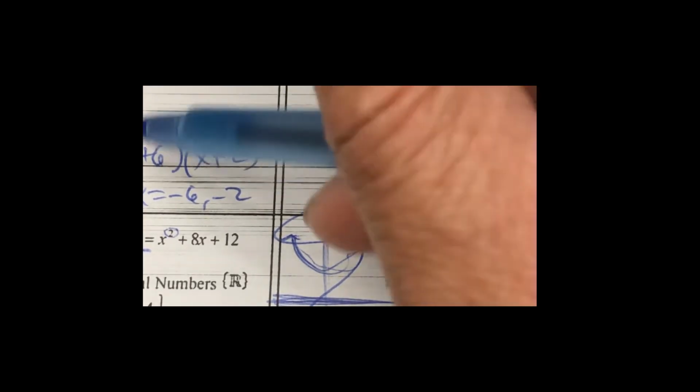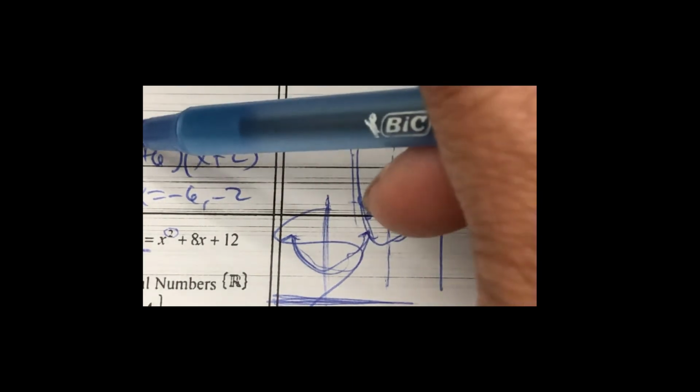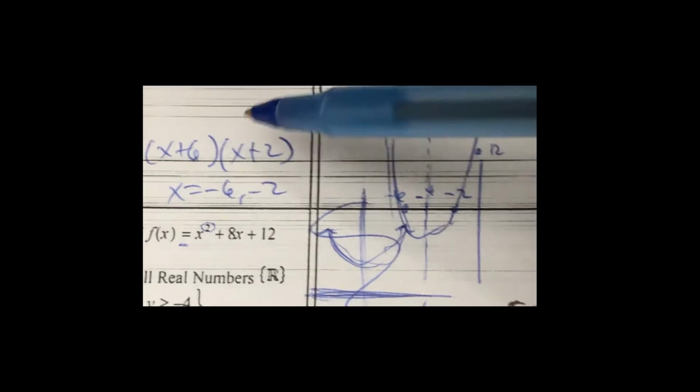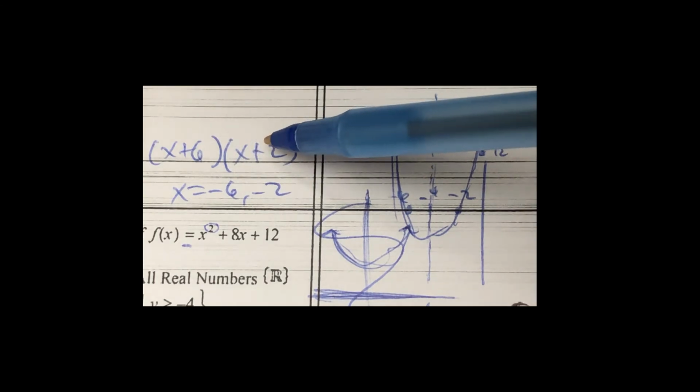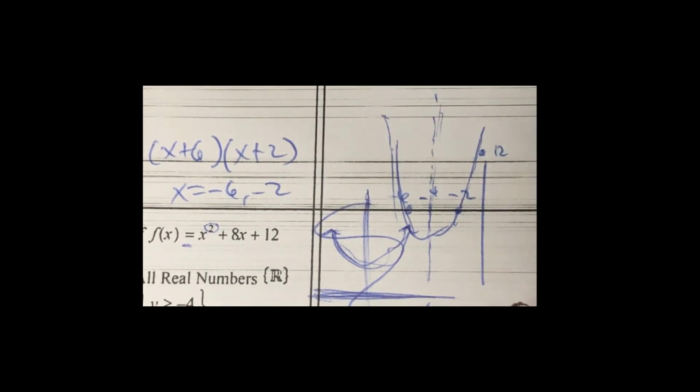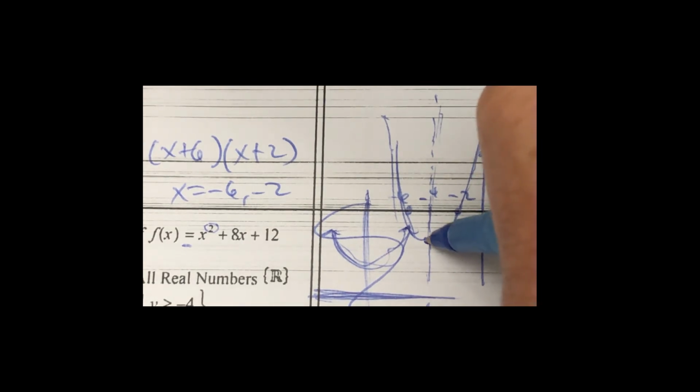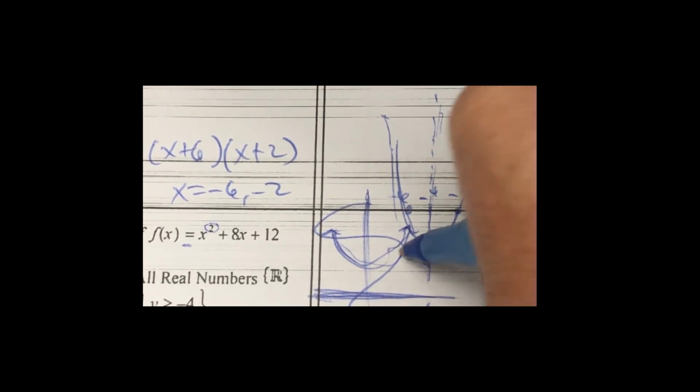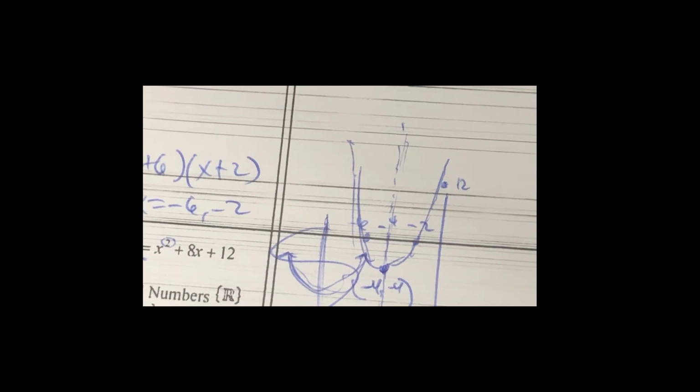And then you can actually put in -4 and get a value: -4 plus 6 would give me 2, -4 plus 2 is -2, so that would be -4. So -4, -4.